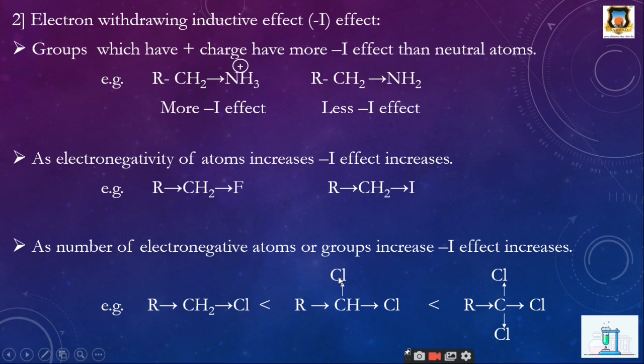Here a secondary halide, and this is a tertiary alkyl halide. In this there are three chlorine atoms, here two chlorine atoms. As the number of electron withdrawing groups increases, the magnitude of minus I effect increases. Therefore, in tertiary alkyl halide there is a greater minus I effect than in secondary alkyl halide, than in primary alkyl halide.